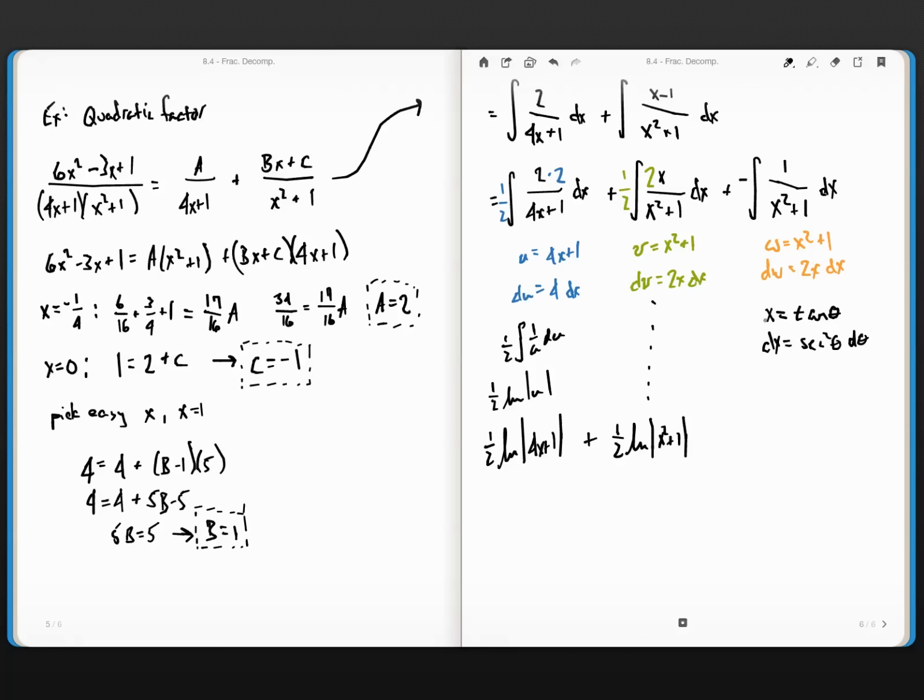So we thought we were going to avoid trig all day, but no such luck. Now this becomes 1 dx, which is really secant squared theta d theta over tangent squared plus 1.